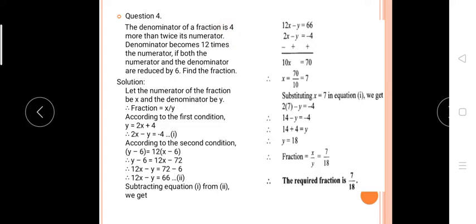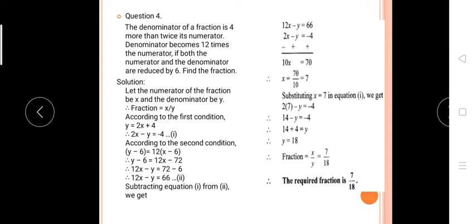More than 4 means plus 4. Therefore, according to the first condition, the equation becomes 2x plus 4 is equal to y. Now write this equation in the general form of a linear equation. You will get 2x minus y is equal to minus 4, just shifting these values.